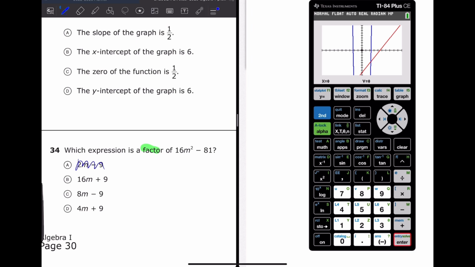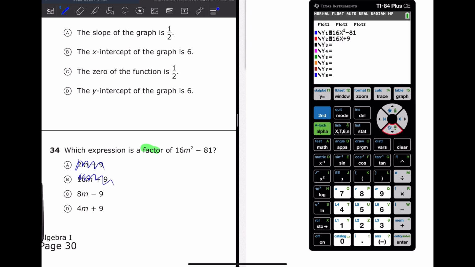Start eliminating some of the choices. The other choice left, let's try it for good measure. Looks good.